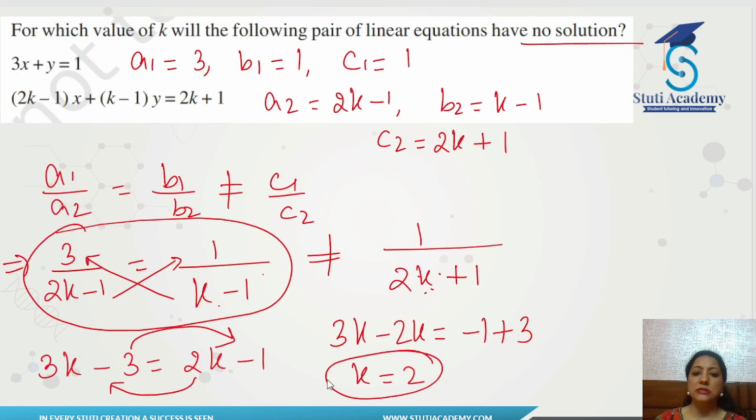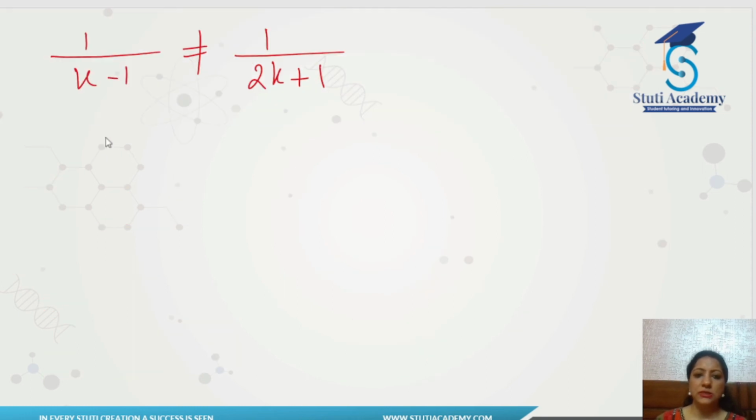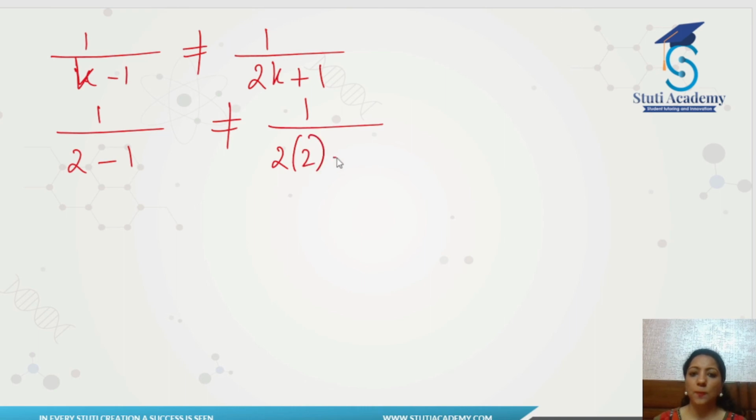So we have here k is equal to 2. If we put here, we'll get 1 upon 2 minus 1 not equal to 1 upon 2 into 2 plus 1. So this is 1 not equal to 1 upon 5. So yes, k is equal to 2 is satisfying this condition also.